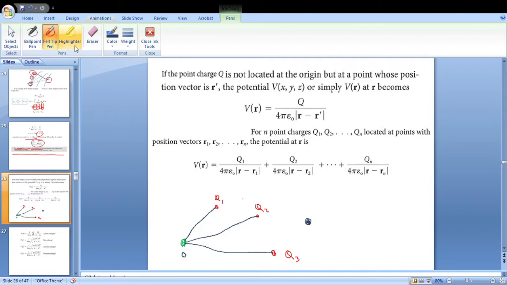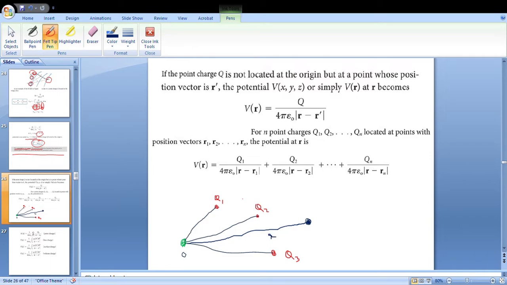So now what we have to do is find the potential. We have to obtain the potential at this point due to this q1, q2 and q3, right? So now the position vector of this point will be r.